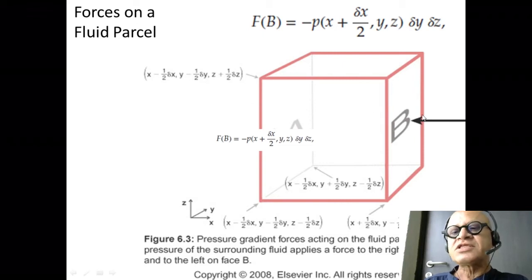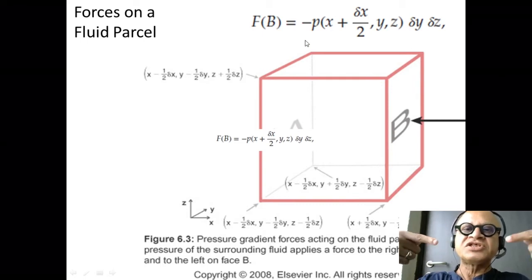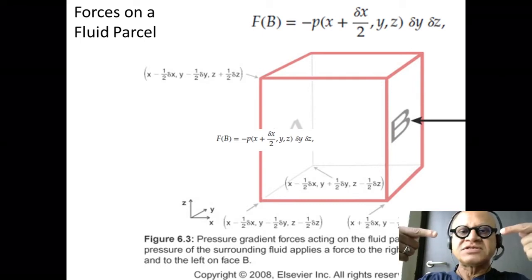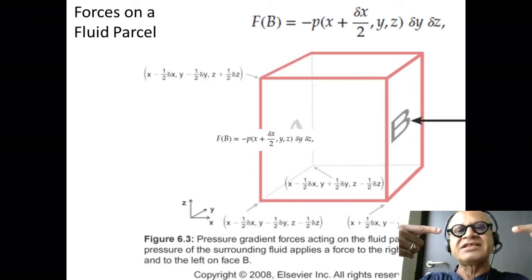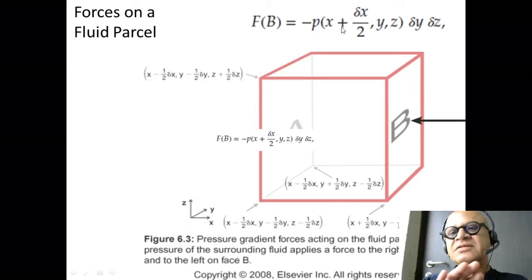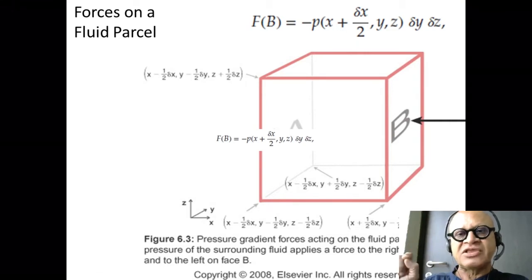So let's look at the face B here of this parcel. What is the pressure? First of all, it's compressing. Pressure always does this, right? So on B, it's pointing towards the minus x direction, so it is minus p at x plus delta x over 2 because we are moving in the x direction from the center, and we are in the center of this face, so we are at y and z.